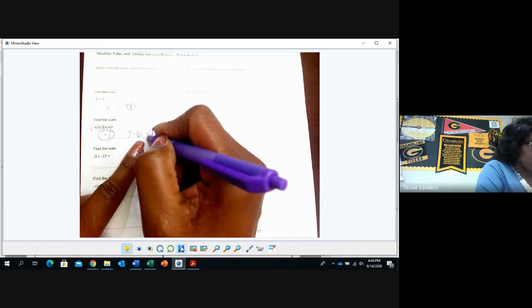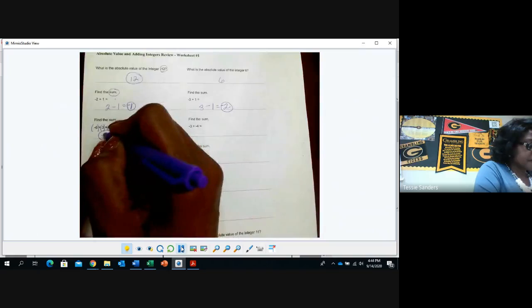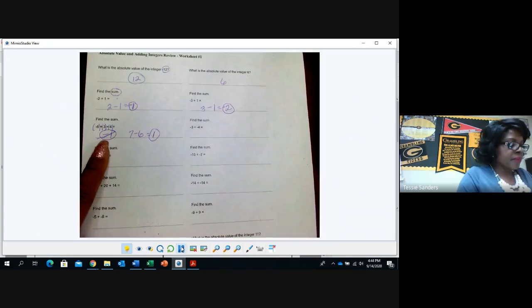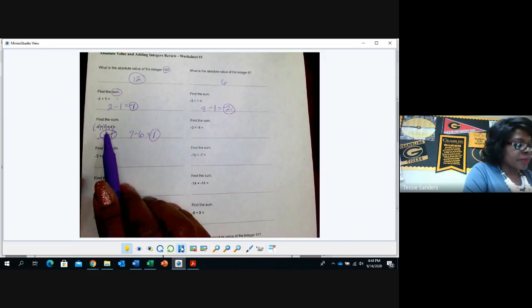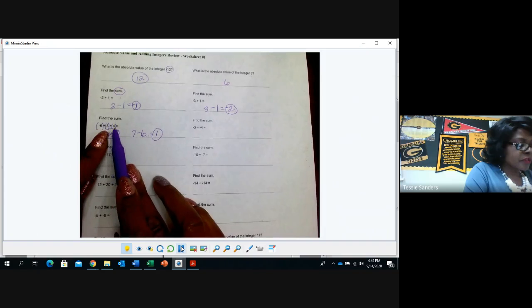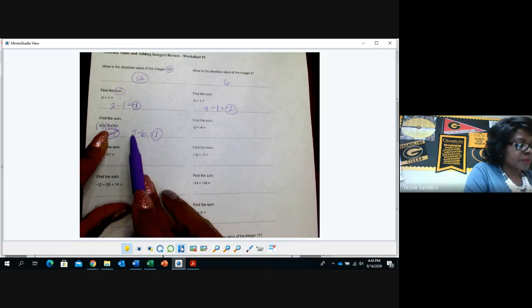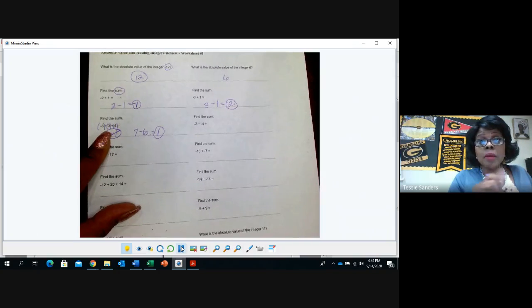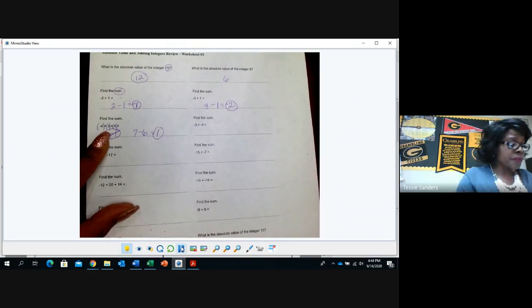So that needs to be a positive and not a negative. I'm glad I reworked that problem because 7 is the larger number. 3 plus 4 is 7 minus 6. So I'm glad I reworked that and caught my mistake. That's always good to do.